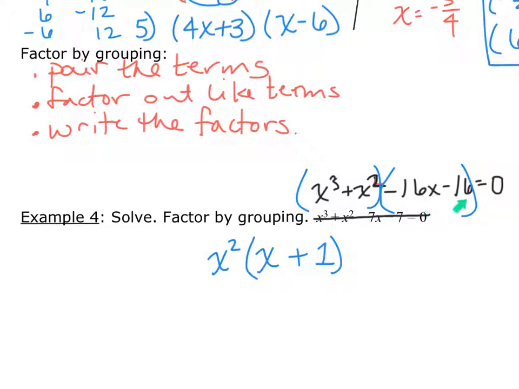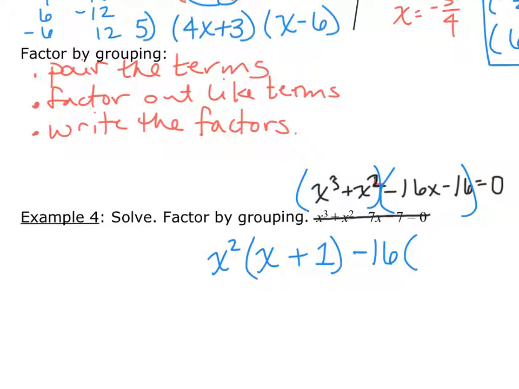All right, what about negative 16x minus 16? What do those two terms have in common? Negative 16, right? They both have a minus 16. So let's factor out minus 16. So, Miss Caitlin, what do I have left? Well, negative 16 times what would give me negative 16x? Well, here we have the negative 16, but no x, right?